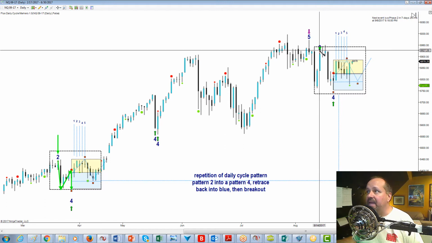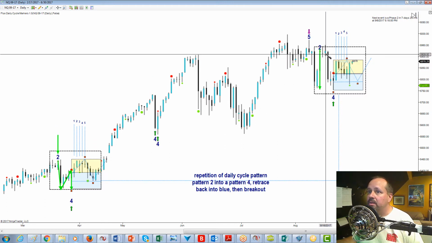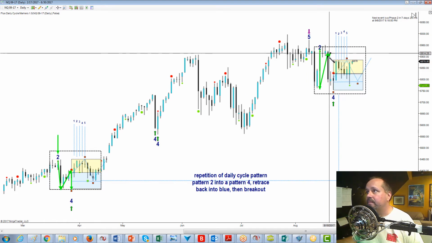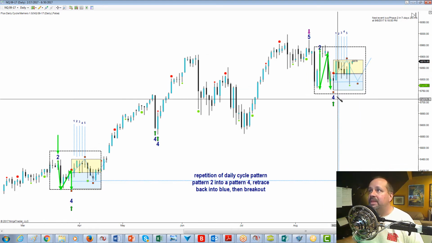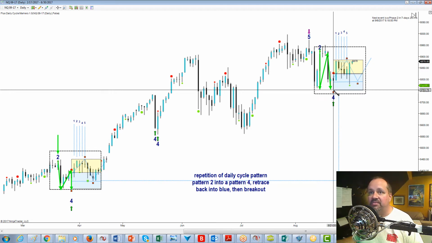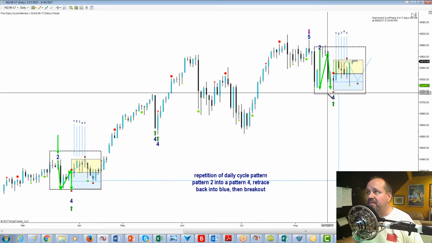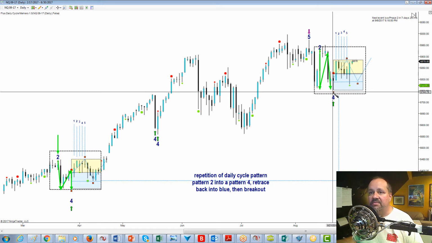We had a leg down and then sort of this, right? Back down into this lower low at the phase 4. So there was a leg up at the phase 2. It drops down into the phase 4.